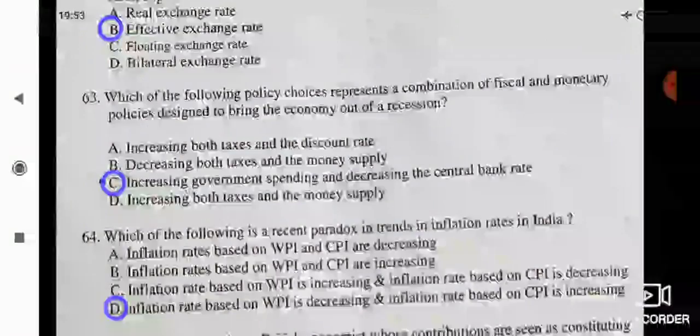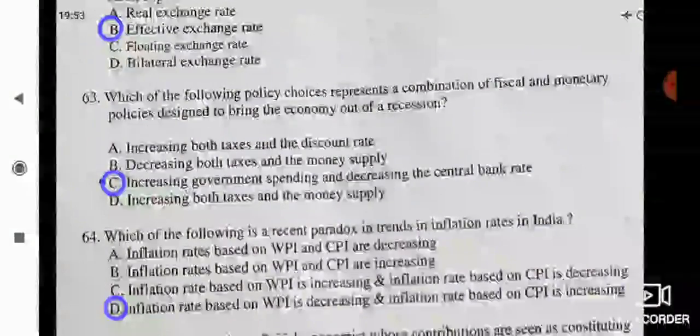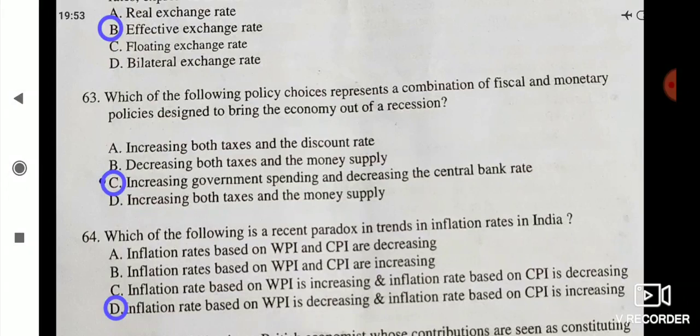And here the question is about how to bring the economy out of recession. So in order to bring the economy out of recession, the government has to increase its spending and the central bank can reduce its lending rate. So here the correct answer is option C, that is increasing government spending and decreasing the central bank rate.